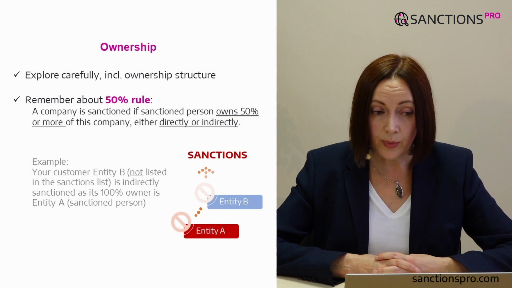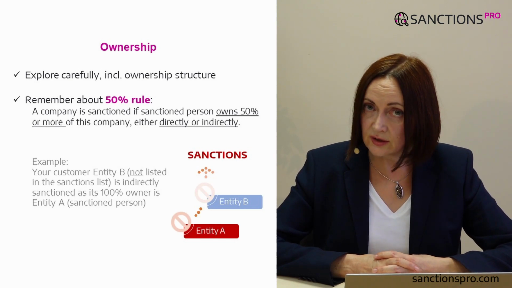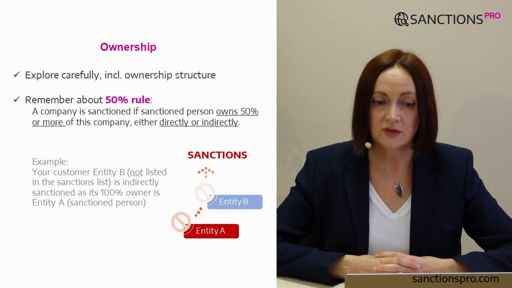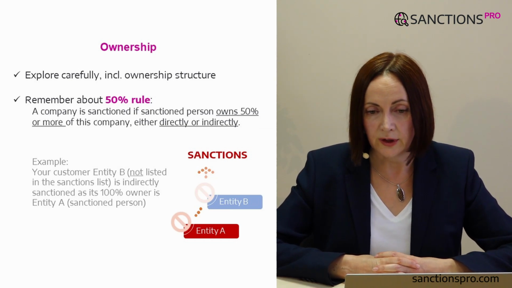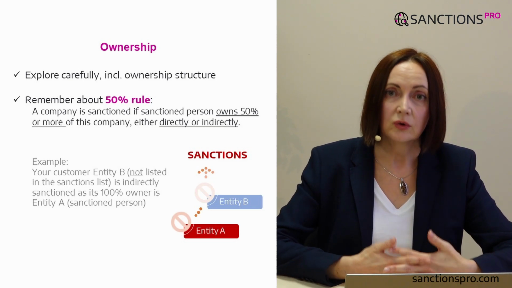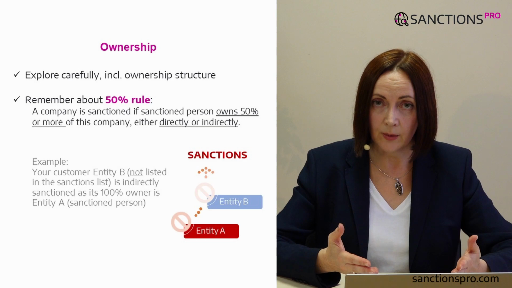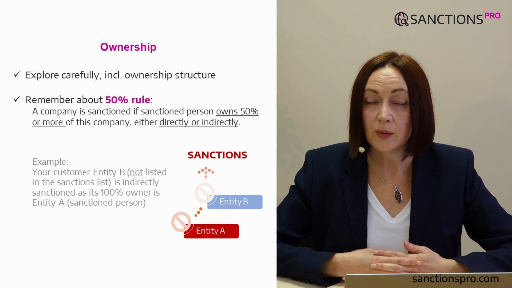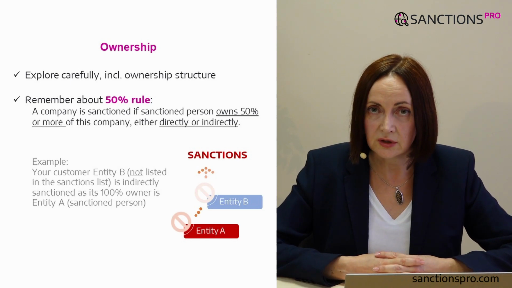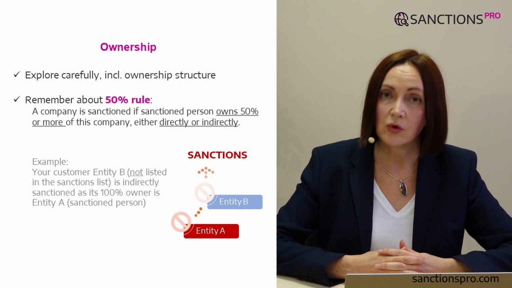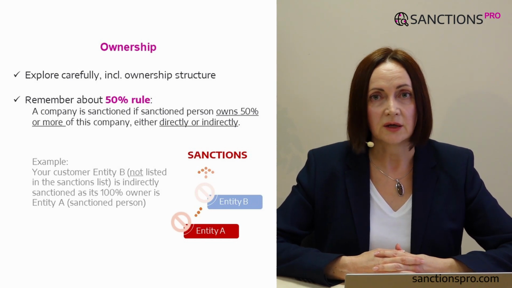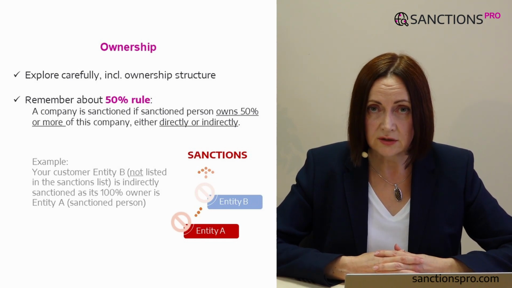That means a company is sanctioned if a sanctioned person owns 50% or more of this company, either directly or indirectly, right? So in real life, it may happen that Mr. X is a sanctioned person, and he is an owner of company A, and this company A does not appear on the sanctions list.